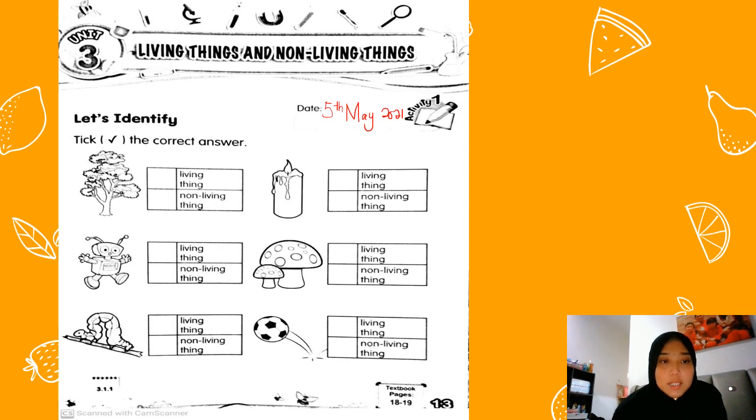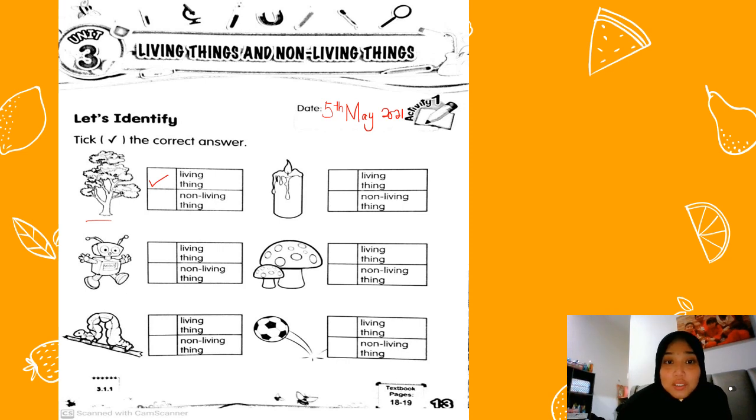Let's identify, tick the correct answer. You have to identify which one is living thing and non-living thing. When you look at the first one here, it's a tree, isn't it? When you watch my video just now, you know tree is a living thing. So if you know the tree is a living thing, you tick like this.